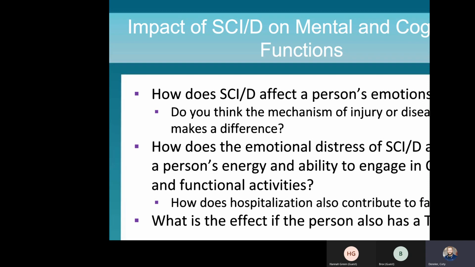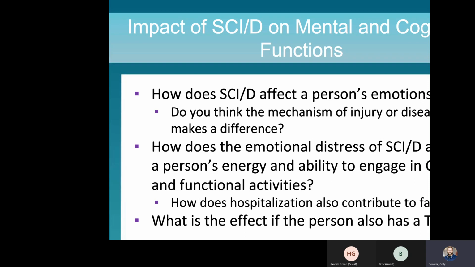All right, so let's talk about some pain. There are 3 different types of pain that the spinal cord injured patient will deal with: mechanical, radicular, and central pain. Mechanical pain is pain within the soft tissue that's associated with that injury, and it's very common in the shoulders.